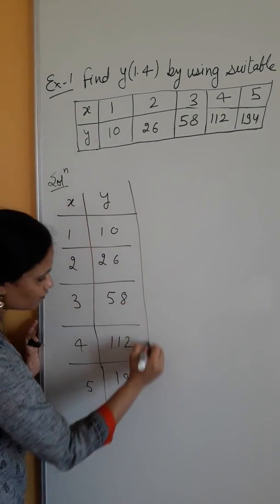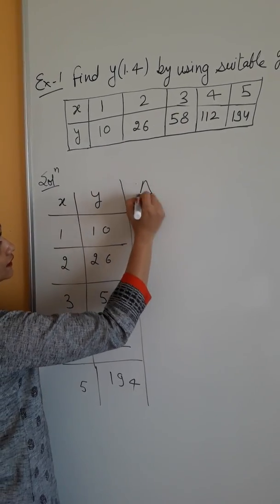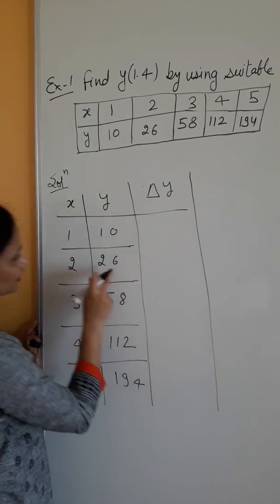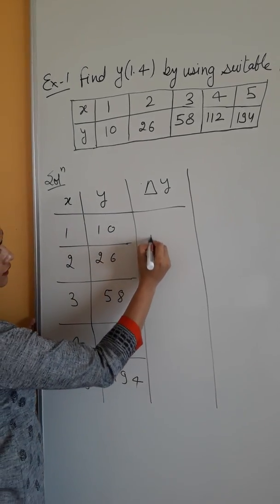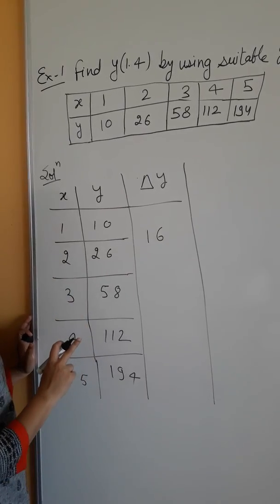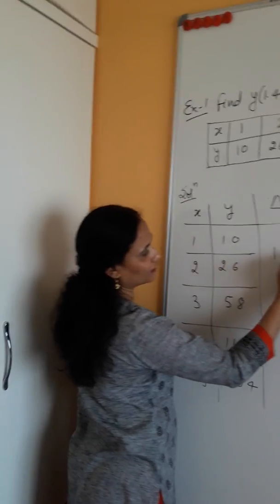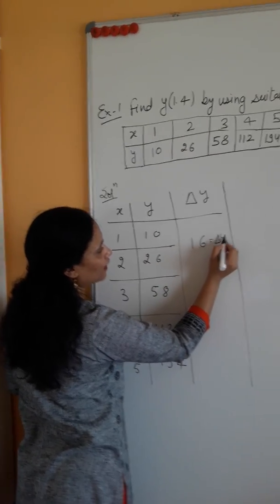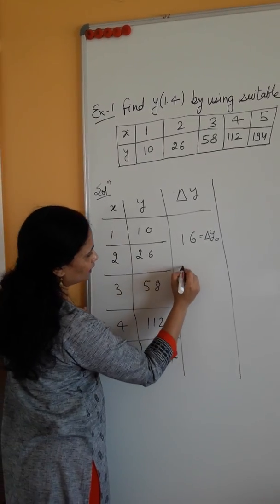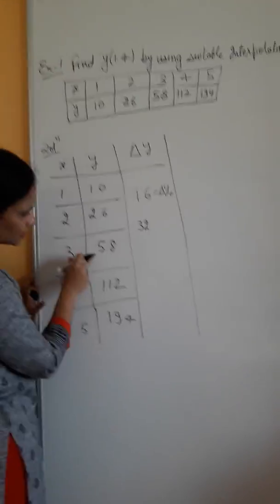Then how do we find the first difference? The first difference, that is delta y. So the first difference is given as this minus this, 16. You can refer to the previous table we have made. y1 minus y0 is 16. What is this? This is delta y0. Then 58 minus 26, it is 32. 112 minus 58.